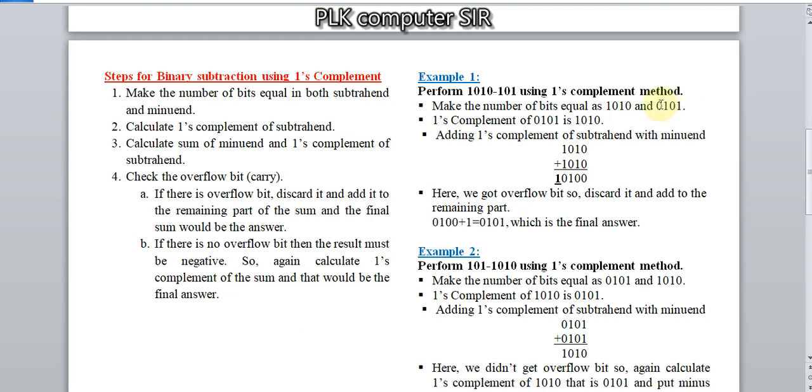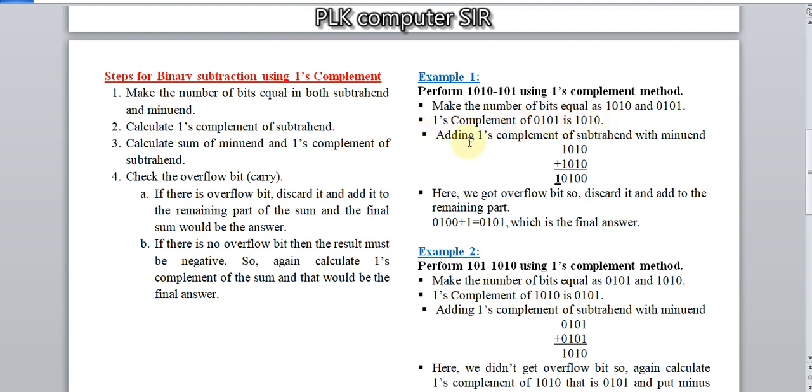Now the 1s complement of the subtrahend 0101, we have to just invert it, like 0 will be 1, 1 will be 0.